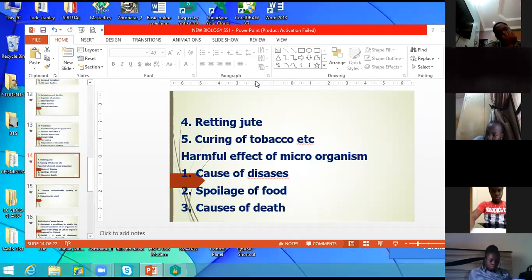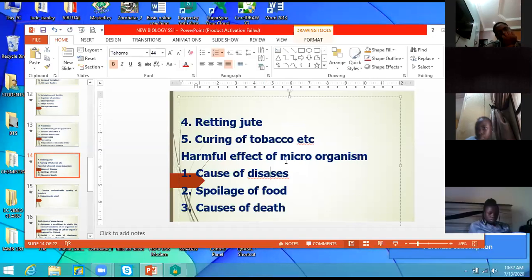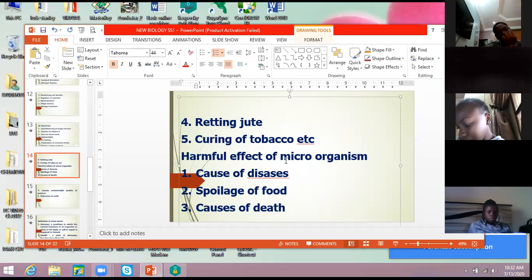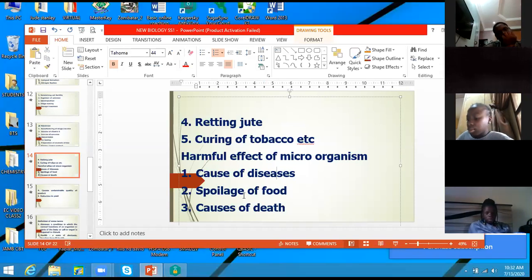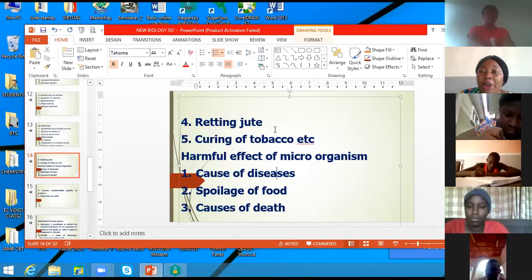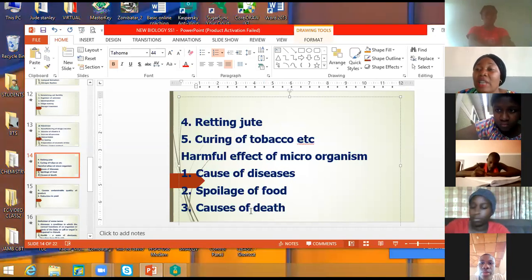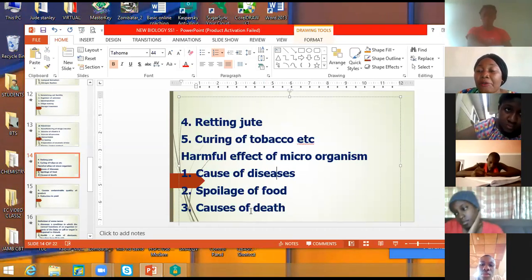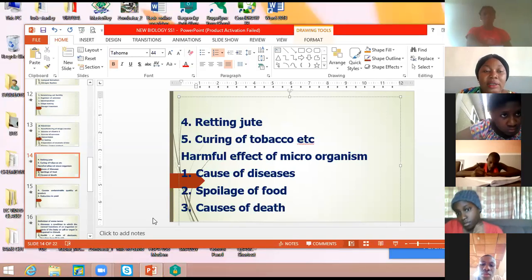Now, what about the harmful effects? What are the harmful effects of microorganisms? They cause diseases. They cause spoilage of food. Most microorganisms can damage our food. They cause death. Most microorganisms cause death. Typhoid fever, if a patient has untreated typhoid for a very long time, can lead to death.